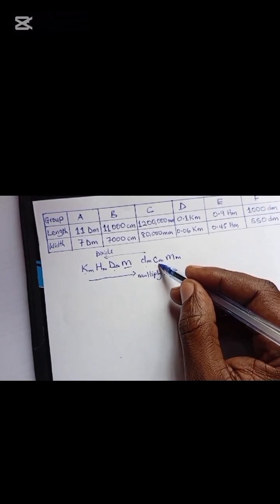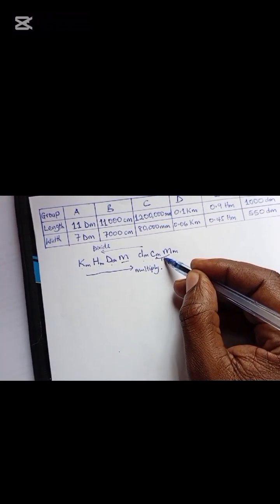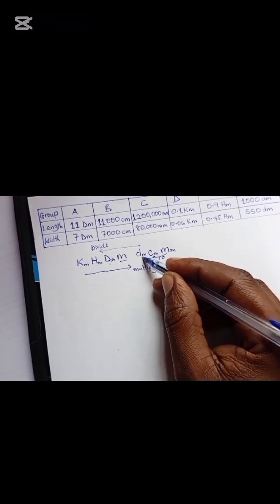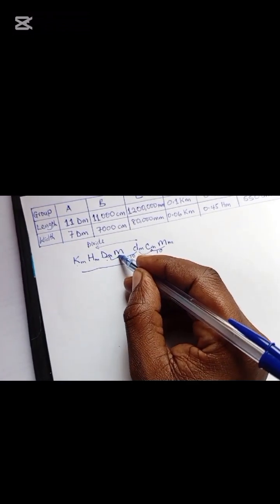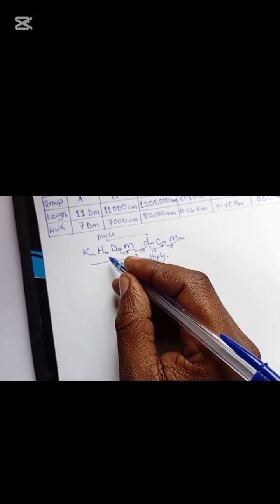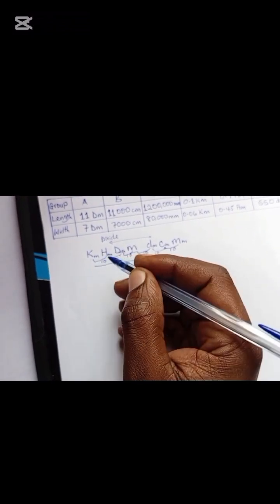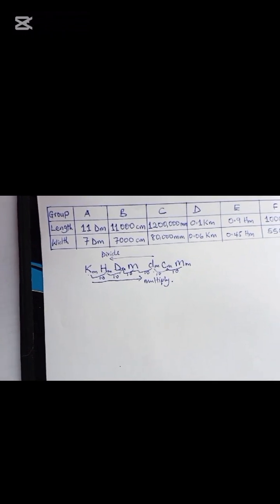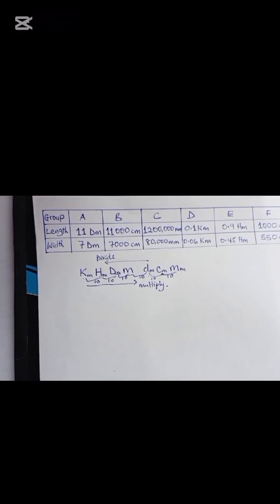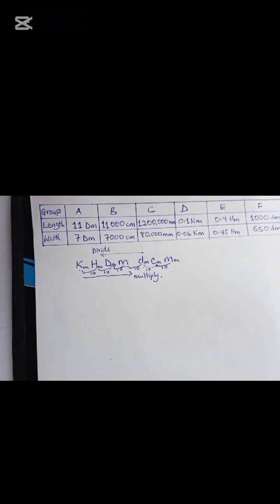In between each of the units here, there's a variation of 10. So the variations of 10 in between each unit there will help you to know what relation you can use to divide or to multiply the units.